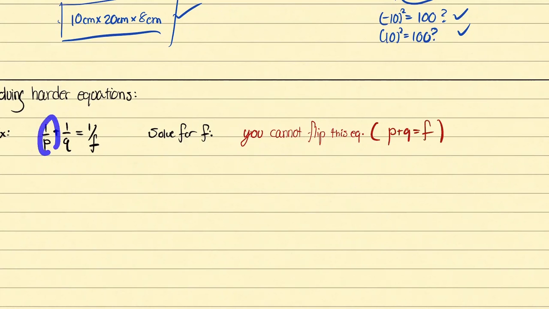I can't flip this fraction and flip this fraction and flip this fraction and say, oh, those are all algebraically equivalent. But the general concept is actually what we'll use to correctly solve this.